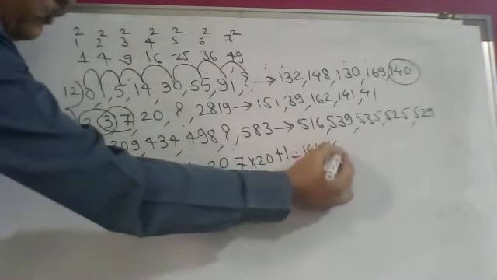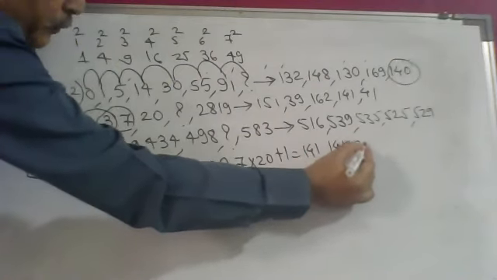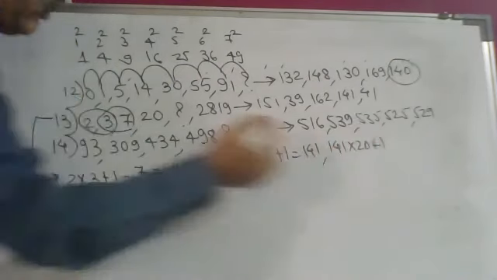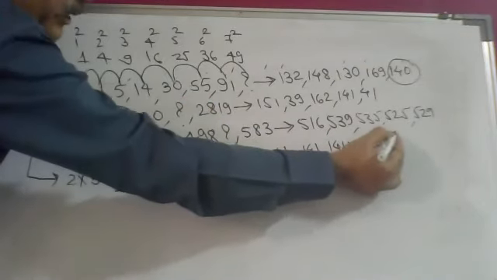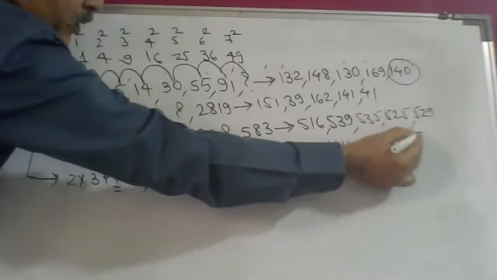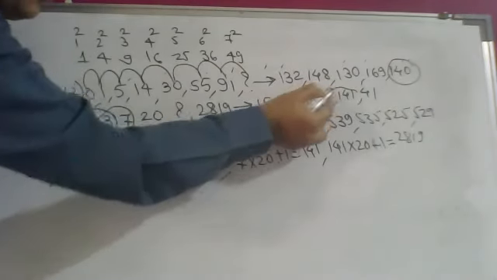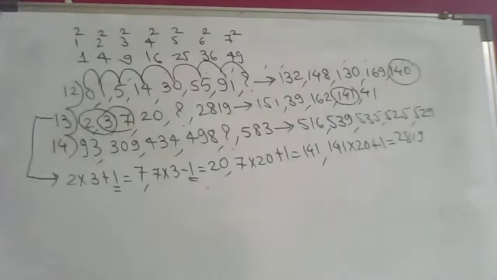Then 141 into 20 minus 1 is 2819. What is the number at the place of question mark? 141. Check the logic.